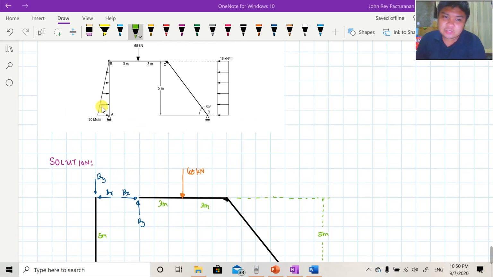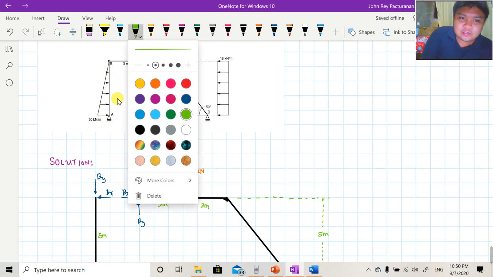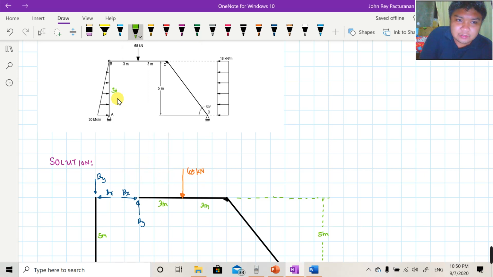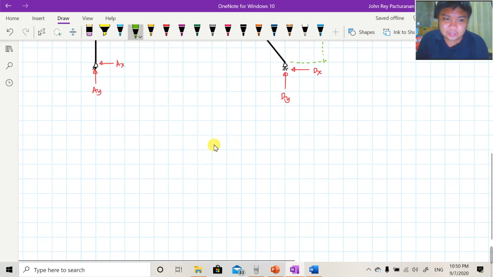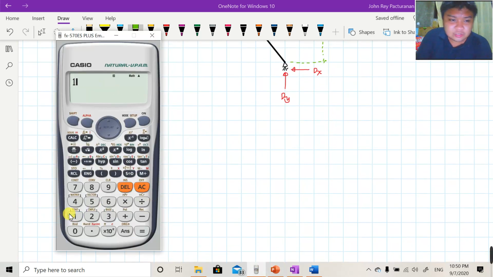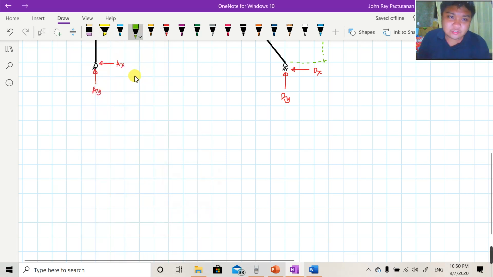So, ngayon, i-drawing ko muna yung equivalent concentrated load ni 30. So, since this is a 5 meter din naman class, di ba? So, 5 metro yan for triangle. Gagawin ko na lang siya class na concentrated load, para lang sa analysis, 1/2, 30 times 5, ang lalabas ay 75 kilonewton. Okay?